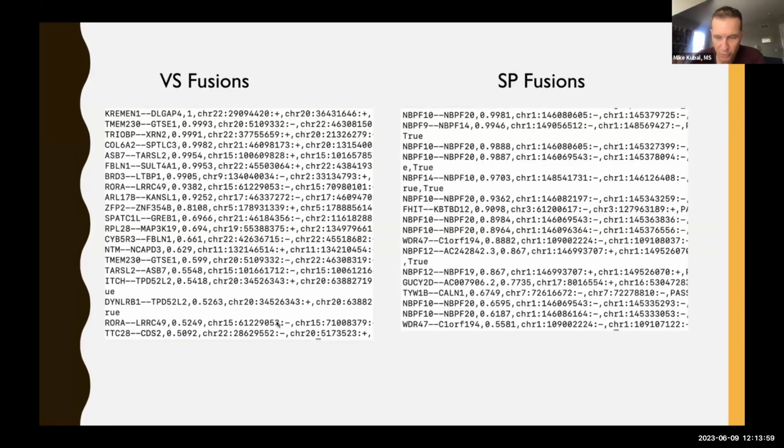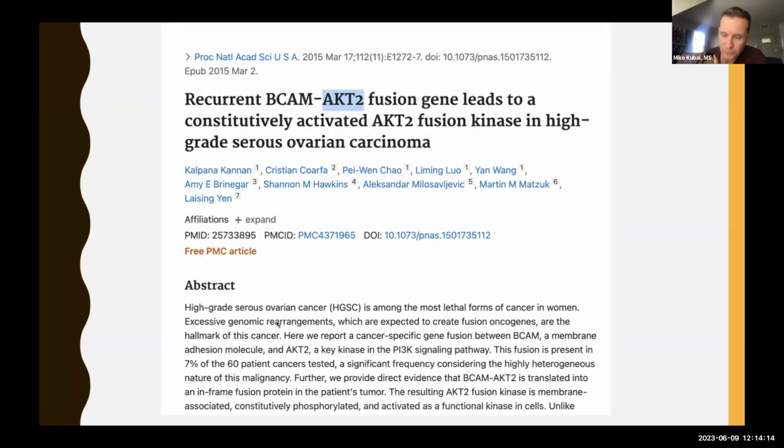Now, some of these fusions undoubtedly are due to the treatments they underwent, chromosomal rearrangements and things from the treatments. But fusions are a ripe area for different targeted therapies. Now, this paper here shows in high-grade serous ovarian carcinoma that this is a very targetable fusion.